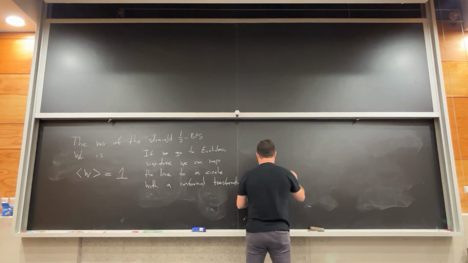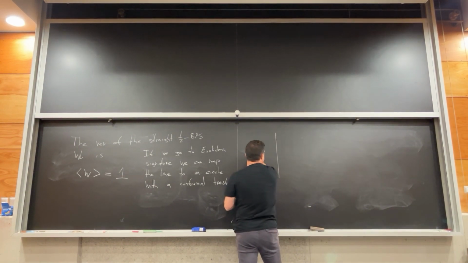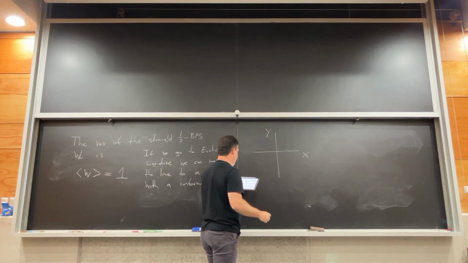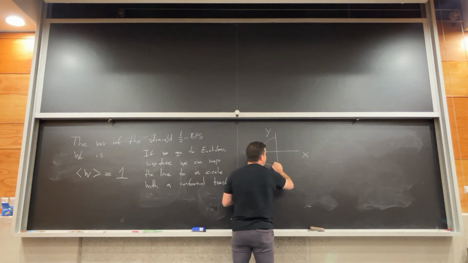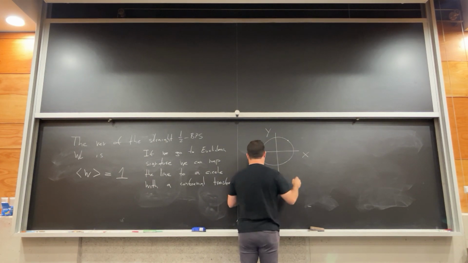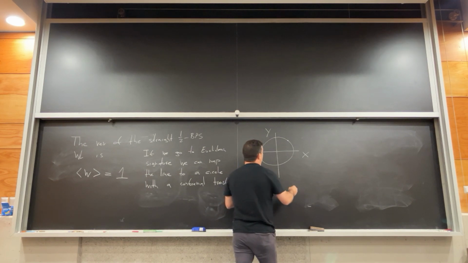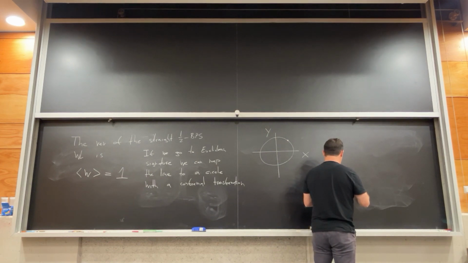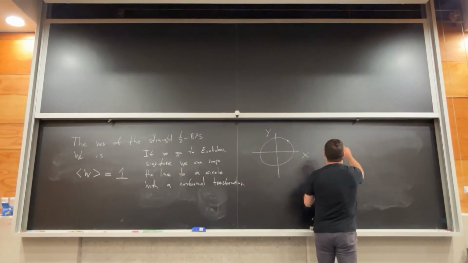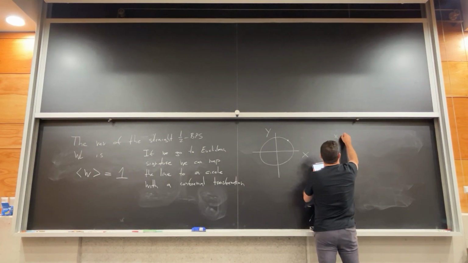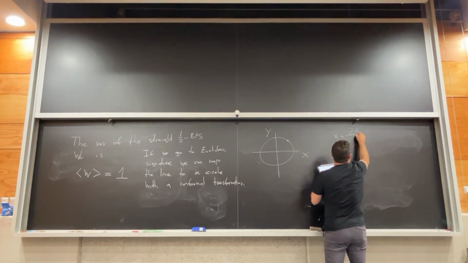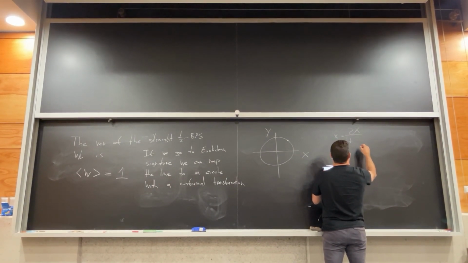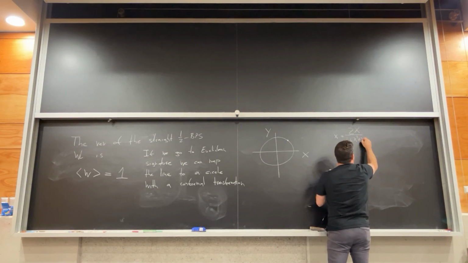So if I take my plane xy and I take a circle, and take a dot, some point here, and I define small x as 2x over 1 plus x squared plus y squared.